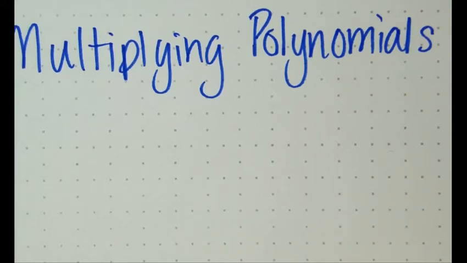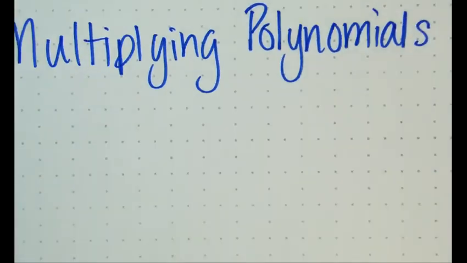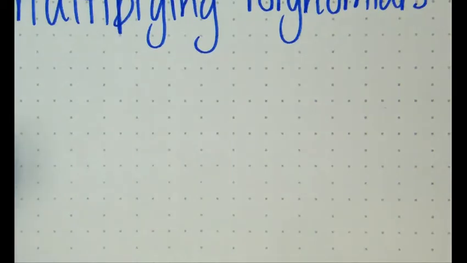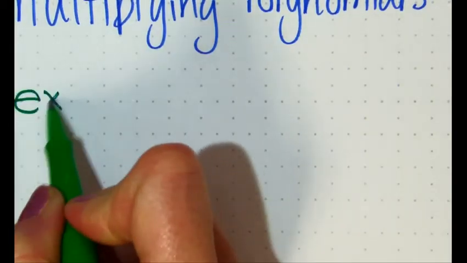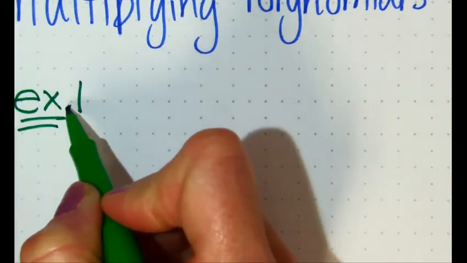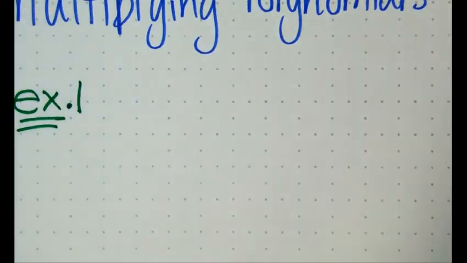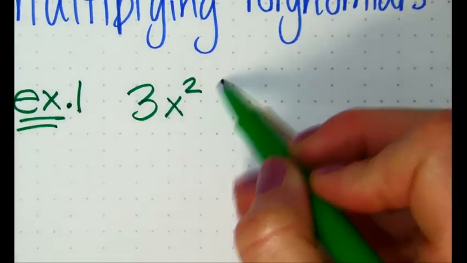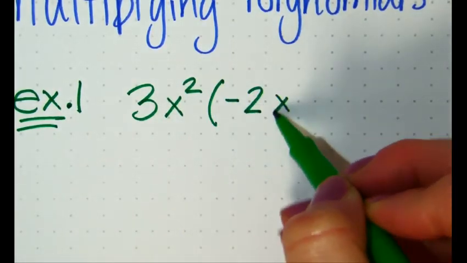All right. So there really isn't anything to write like definitions or steps wise. We're just going to jump right in, and we're going to look at our first example, which is actually something we've done before, just because there is a skill that we need to take a second and review. So our first example, 3x squared times negative 2x to the fourth.